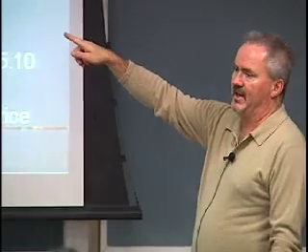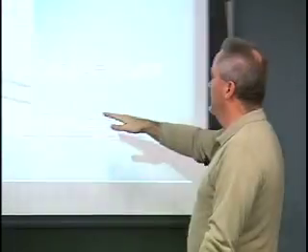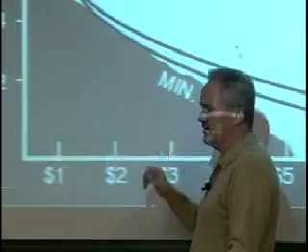And so with a put option, as the price falls, the premium will rise. And remember, with a call option, we saw the premium rising when the futures price rose. With a call, when the futures price rose, the premium rose. With a put, when the futures price falls, the premium rises. So you've got the opposite sign.